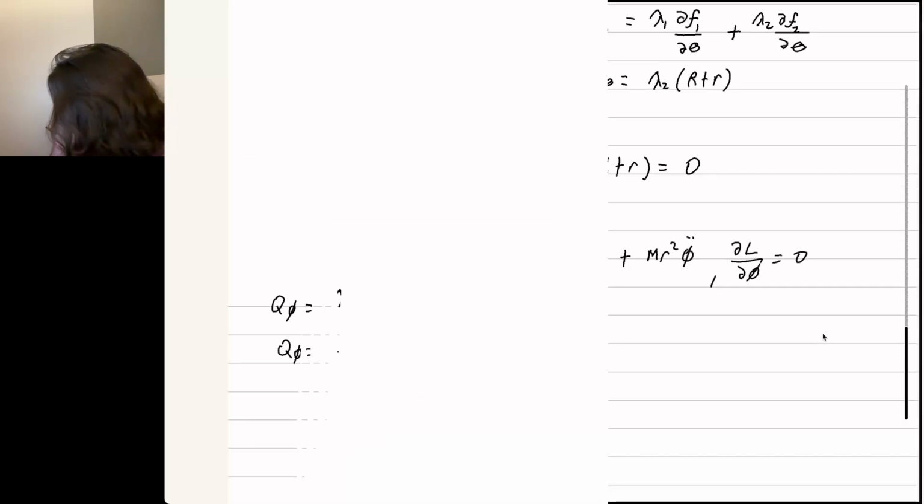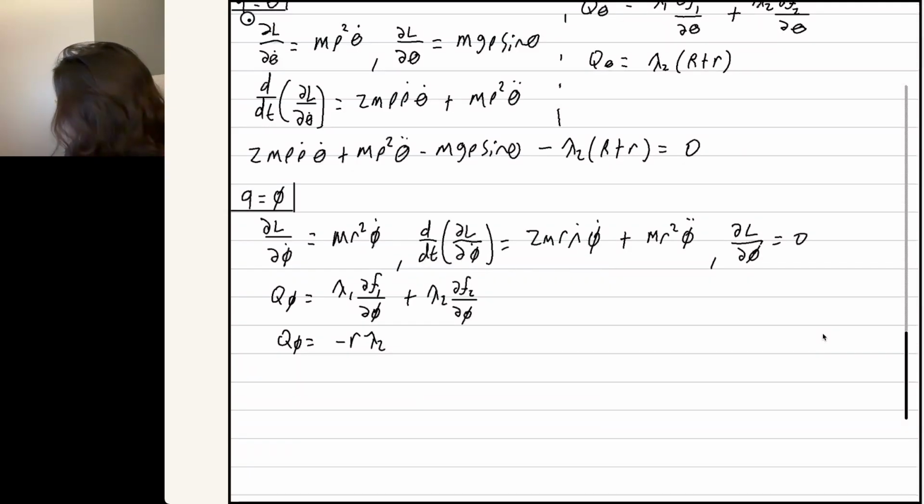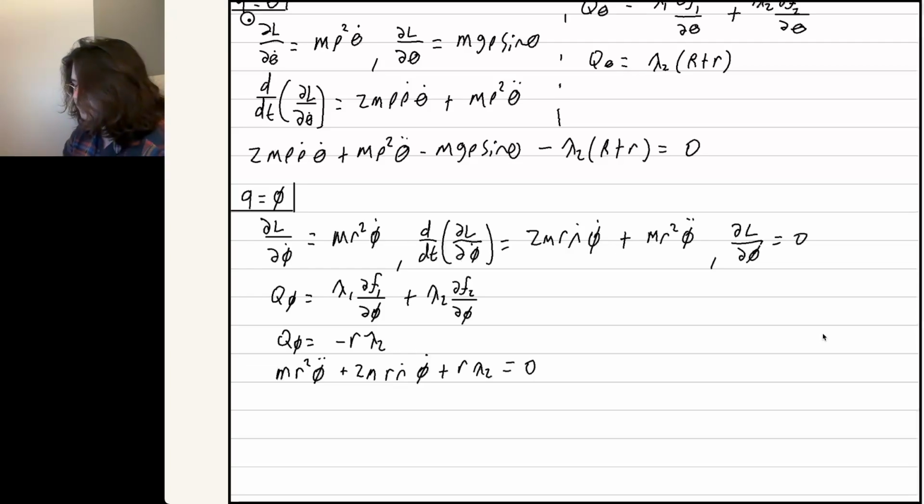Now we can write our third equation of motion. So m r squared phi double dot plus 2m r dot phi dot minus, or plus actually, r lambda 2 is equal to 0. Okay.